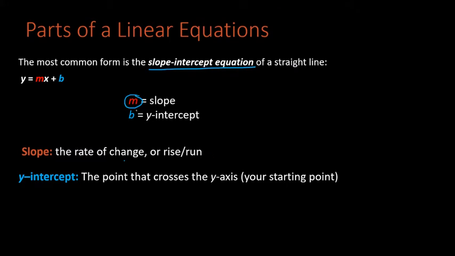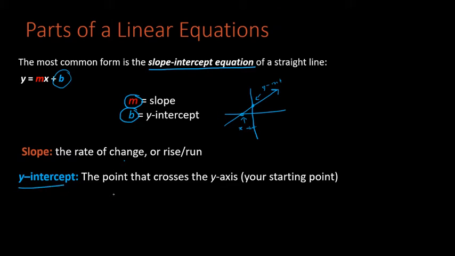And b is the y-intercept, the point at which the function crosses the y-axis. Similarly, the x-intercept is the point at which the function crosses the x-axis. But for this equation, we really only need to know about b, the y-intercept.